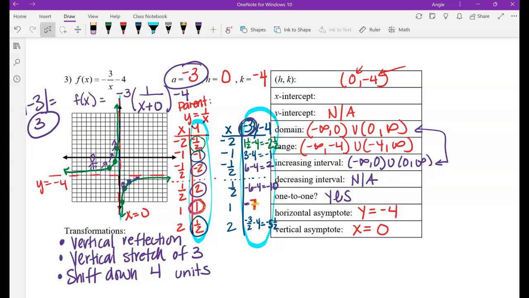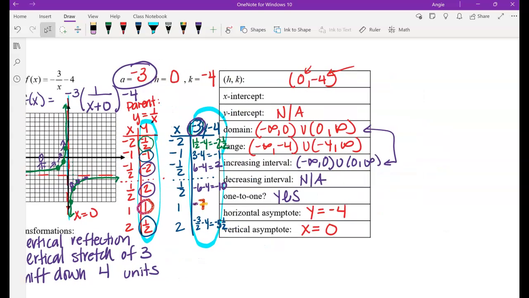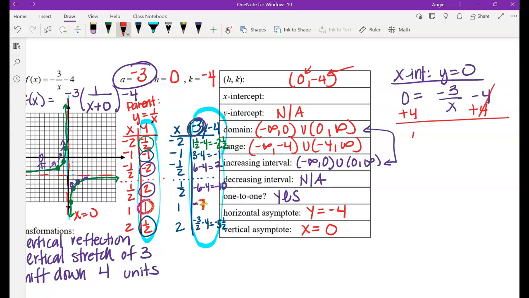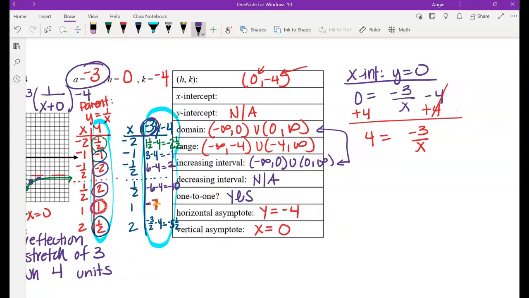The last part we have to do is your x-intercept. X-intercept is when y equals 0. Okay, so 0 equals negative 3 over x minus 4. First step, guys, add 4 to both sides. So 4 equals negative 3 over x. For the LCD, we only have an x on the bottom, so that's going to be your x. So multiply this by x, multiply this by x.